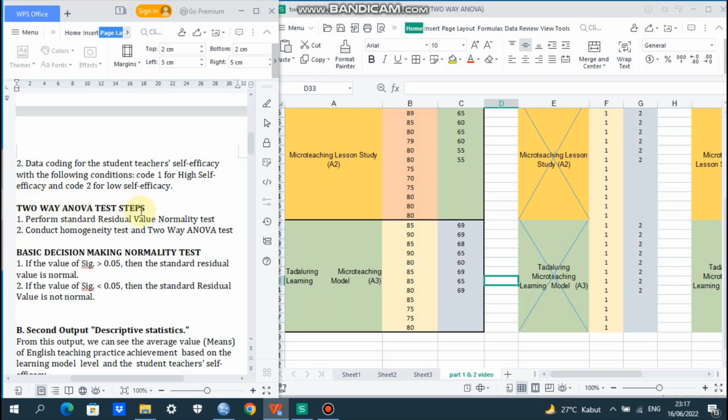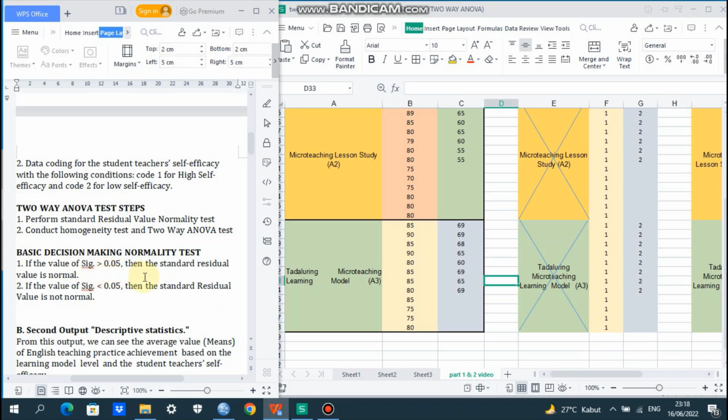Okay, two-way ANOVA test steps. The first, you must perform standard residual value normality test. Number 2, conduct homogeneity test. And the last is conduct two-way ANOVA test.